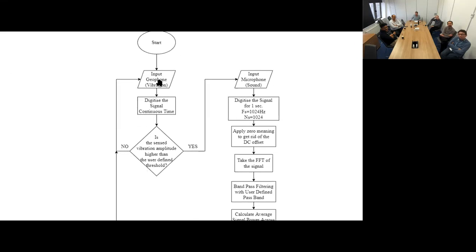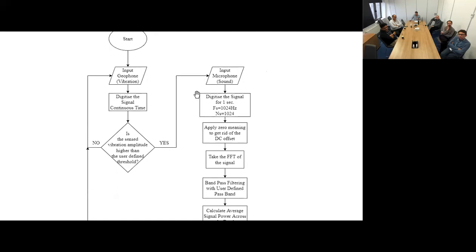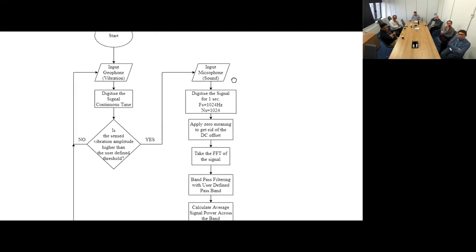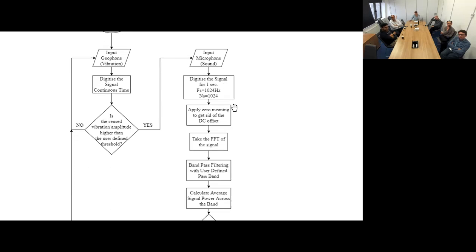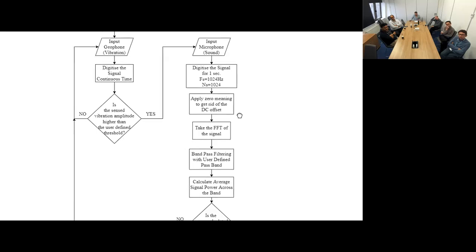The device digitizes the geophone signal continuously and checks if the vibration is higher than the threshold or not. If it's not higher than the threshold, it continues to do the same loop. But if it's higher than the threshold, the input switches on and digitizes the signal for 1 second in our test setup.